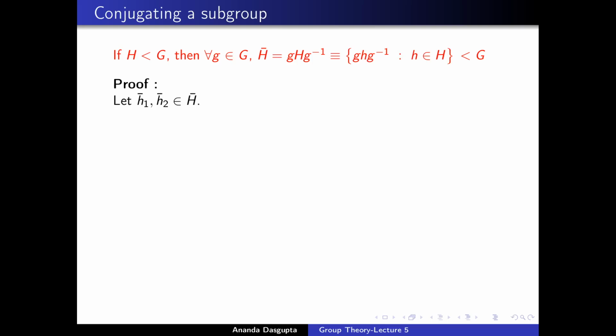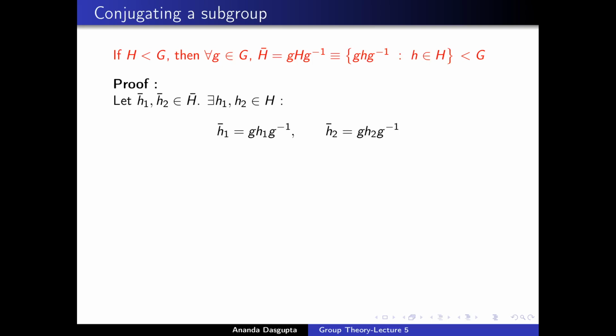So we start with two elements, h1 bar and h2 bar, which belong to capital H bar, this subset. Now from the definition of capital H bar, it's obvious that there must exist two elements small h1 and small h2 in capital H such that small h1 bar is g small h1 g inverse and small h2 bar is g small h2 g inverse.